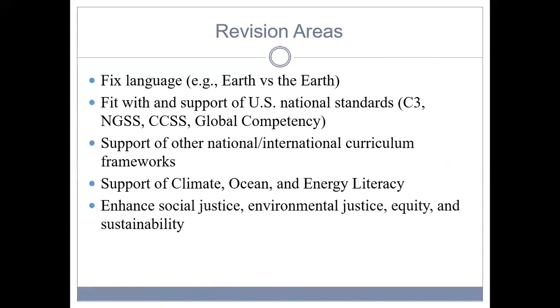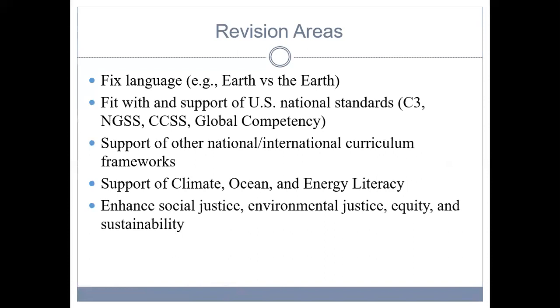If you have looked at any of the revised editions, you'll notice that a lot of the revisions, a lot of the big changes, are really happening in the 12th grade, whereas some of the lower grades are staying similar.